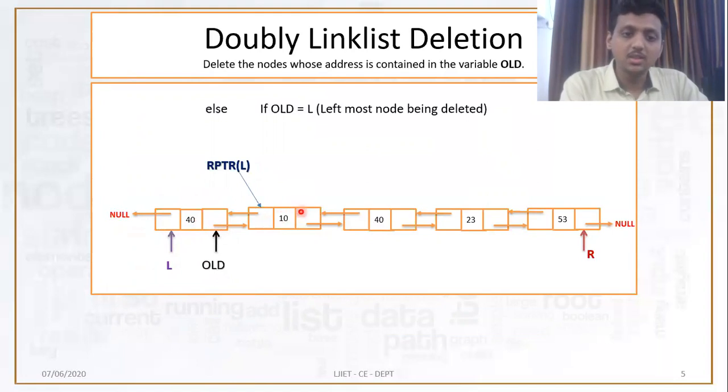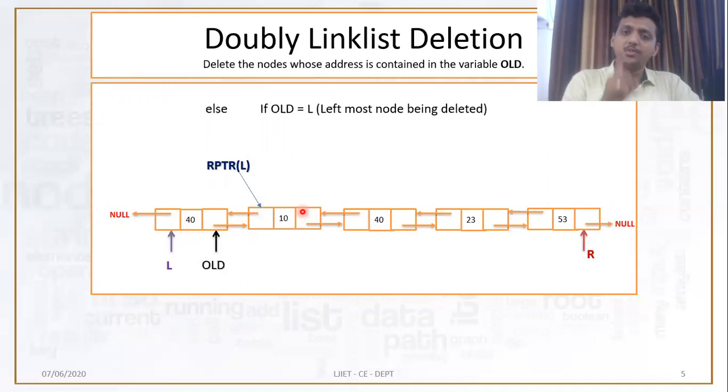Because this node is pointed to by the right pointer of L, that is known as RPTR of L. The pointer pointing to this node is RPTR of L.